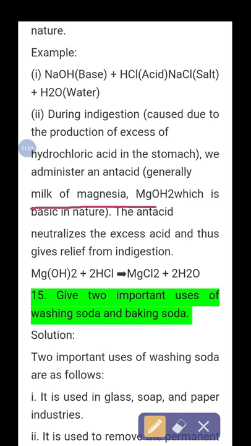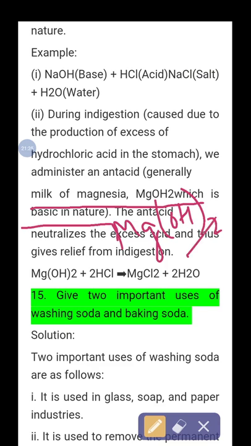Milk of magnesia, that is Mg(OH)2, is basic in nature. So when it reacts with the acid, the acidity becomes neutralized. The reaction is Mg(OH)2 plus 2HCl gives out MgCl2 plus 2H2O. The neutralization is due to the formation of water.